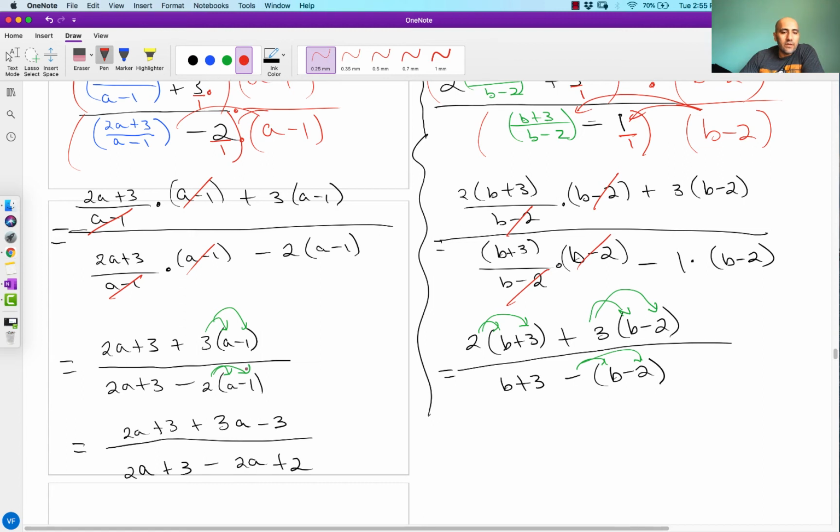Okay, and so now plus 3a minus 3a reduce, and I end up with 5a, and then plus 2a minus 2a cancel, and I end up with 5. So this ends up with 5a over 5. The 5's cancel, so I get exactly what I wanted. I get my a.